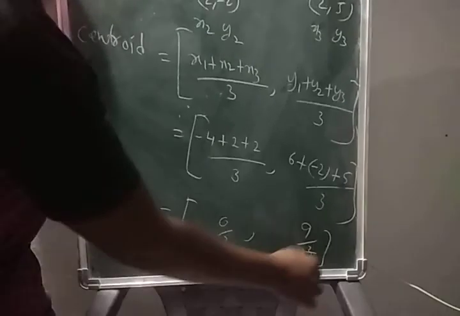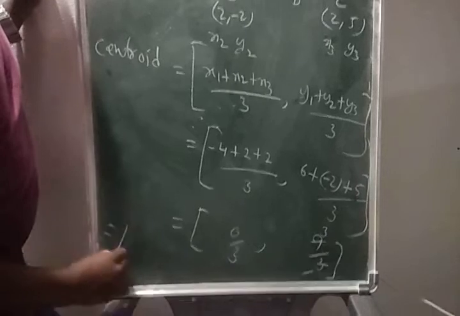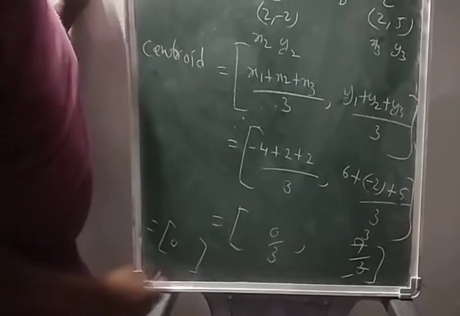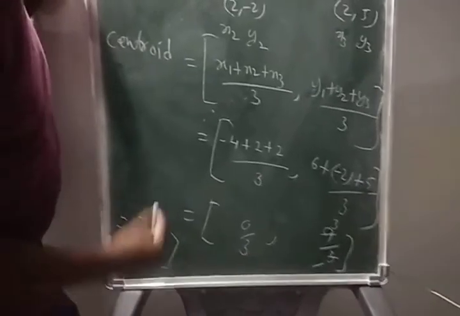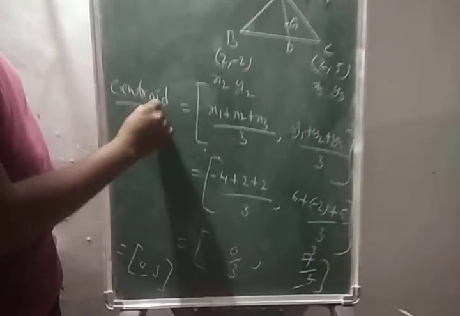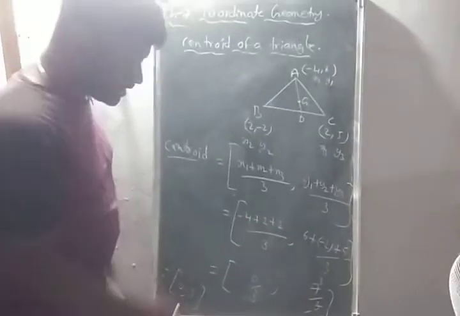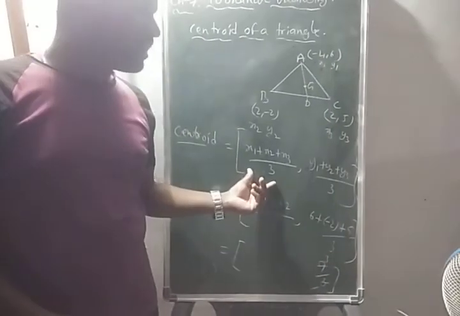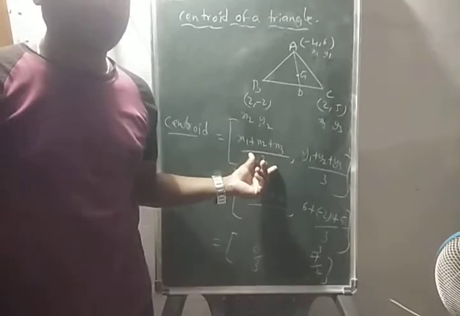Now 3 1s are 3, 3 3s are 9. Then we know that 0 by something is always 0 only, comma 3. So the centroid of the triangle is 0, 3. So by using this formula we can find the centroid of a triangle like this. Okay.